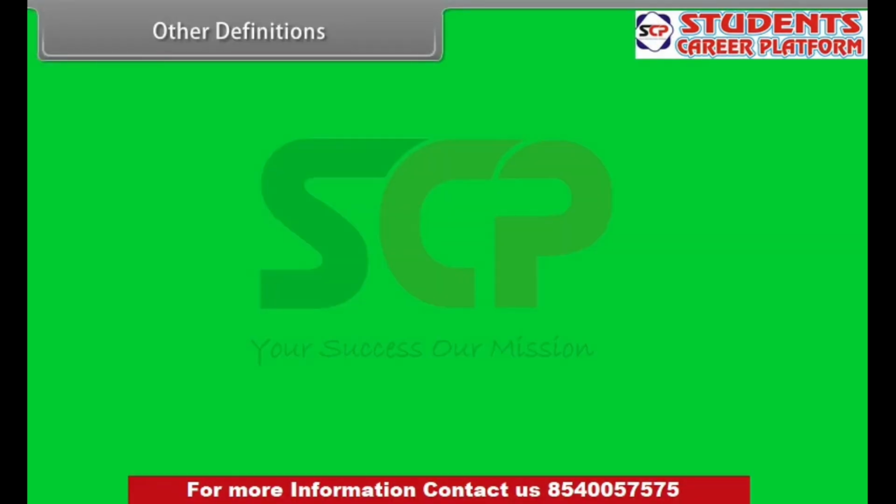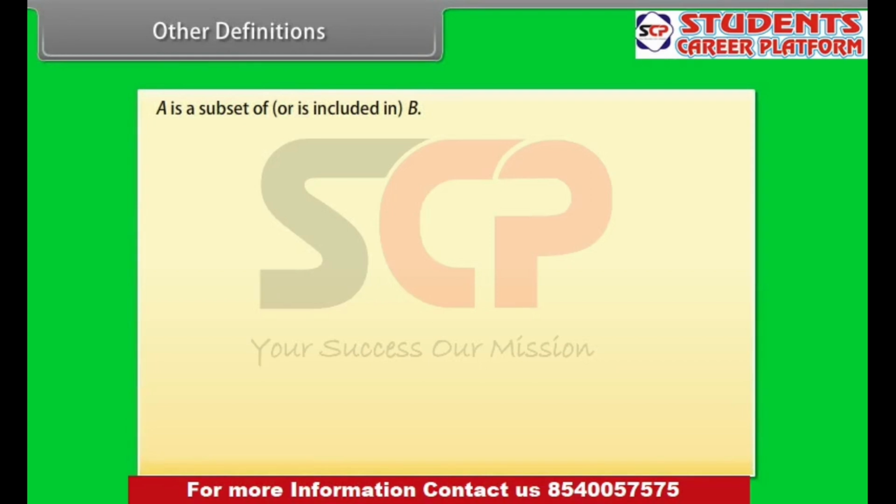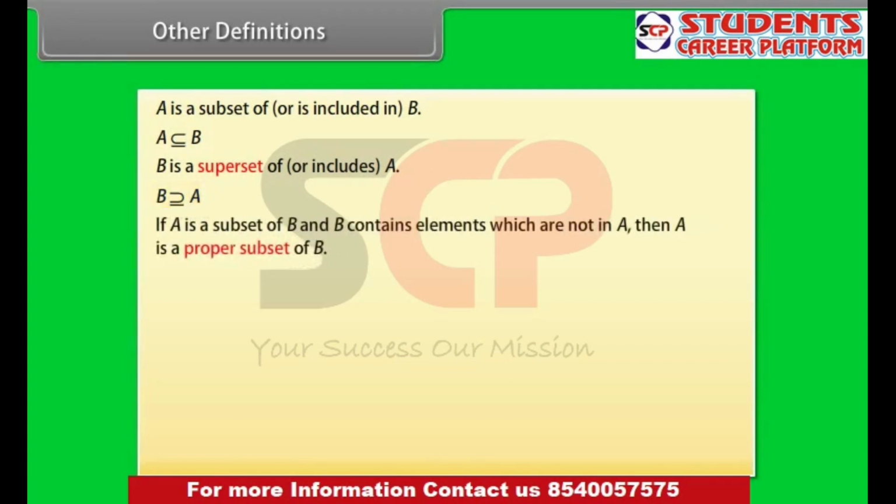Other definitions. A is a subset of or is included in B, denoted by this symbol. B is a superset of or includes A, denoted by this symbol. If A is a subset of B and B contains elements which are not in A, then A is a proper subset of B. If A is a proper subset of B, we use this symbol to designate that relationship.